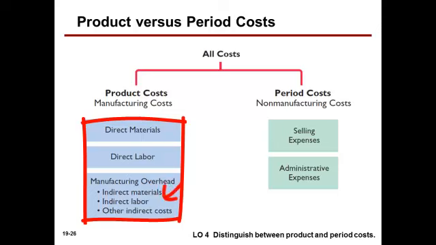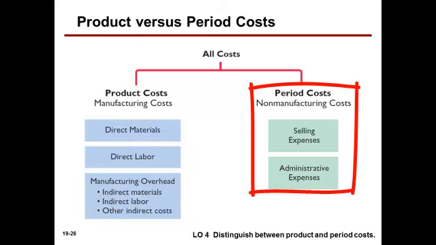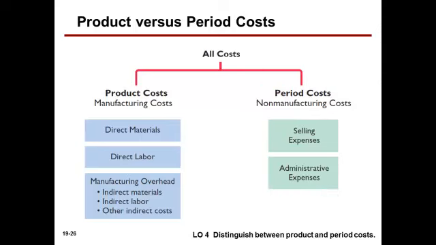All other costs in the factory other than DM and DL. Note that manufacturing overhead includes indirect materials and indirect labor and other indirect costs, such as depreciation, plant manager salary, etc. Period costs: selling expenses and administrative expenses outside the manufacturing plant. Product costs are inventoried. Period costs are expensed as incurred.